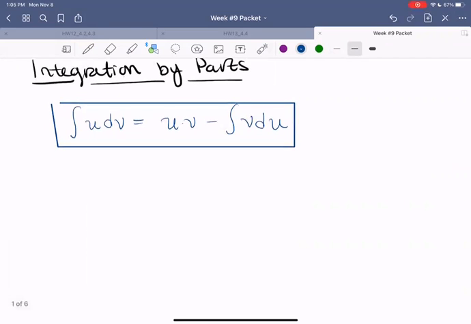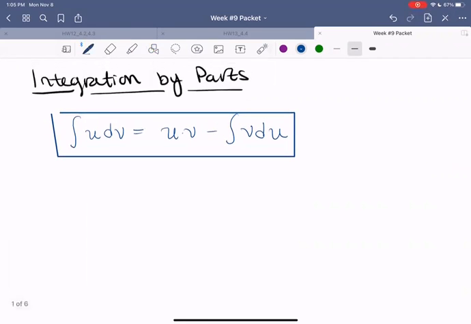To determine where this integration by parts formula comes from, let's first look at what a product looks like when we are talking about differentiating. So we just look at this formula, we see there's a product u times v, and then we have these two other terms going on, an integral of v du and u dv. So this should look familiar and similar to the product rule.